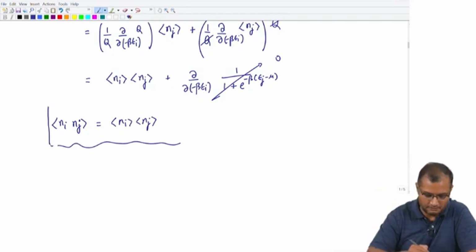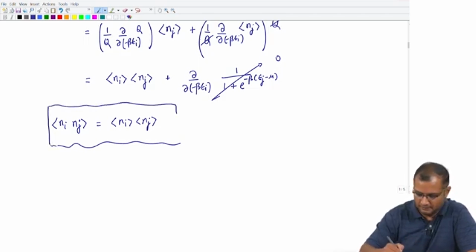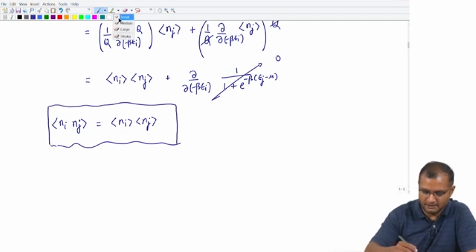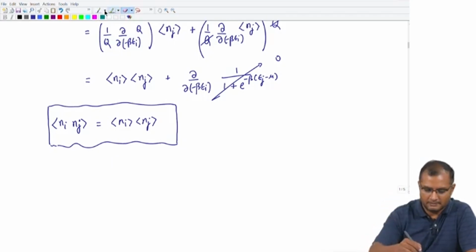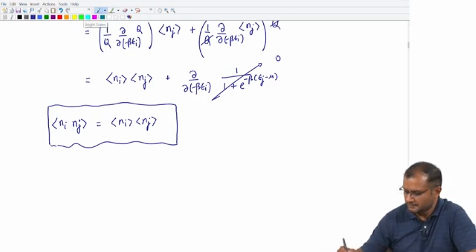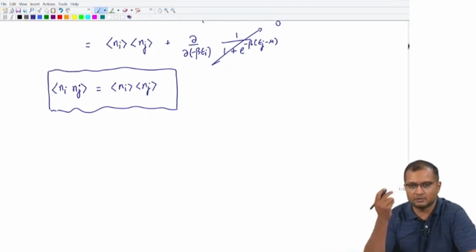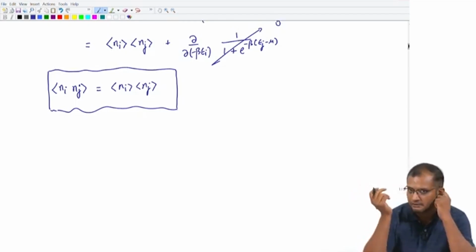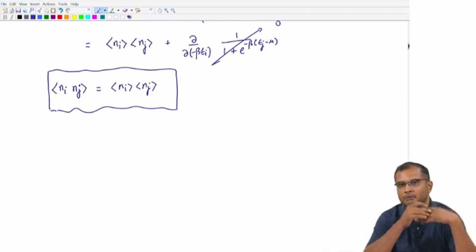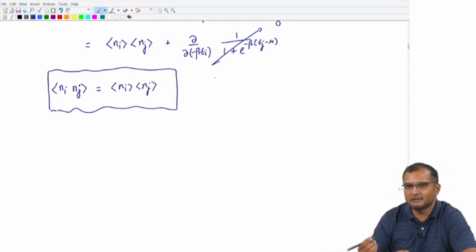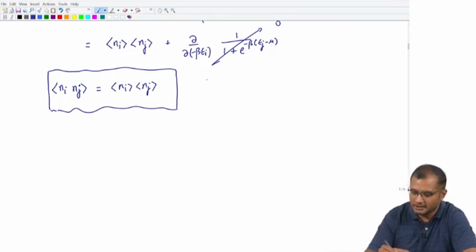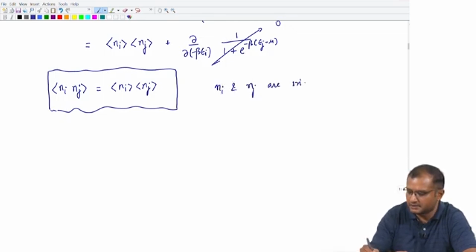So, let us save it. So, this is like two random variables which are independent of each other, and so the joint moments are nothing but the product of independent moments. So, at some level you should have seen it coming because these variables are uncorrelated or independent of each other.